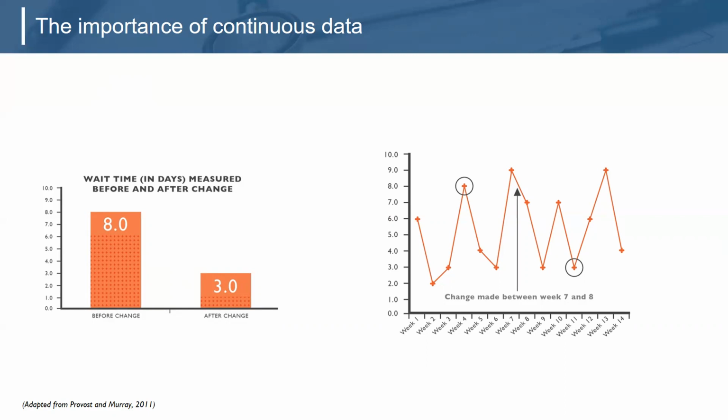So it's much more important to look at continuous data, because often things are not going to be exactly stable. They're going to have some flux in the system. And you can measure that flux and see whether the changes you're making are actually changing the system beyond that 8 to 3 range. So continuous data, if at all possible in your quality improvement project, is the best way to go.